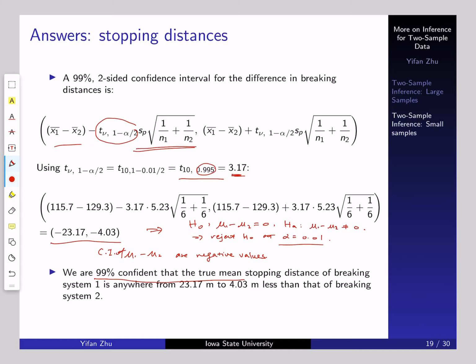So the interpretation would be that we're 99% confident that the true mean stopping distance of braking system 1 is between 4.03 and 23.17 less than that of braking system 2. Okay. So we say system 1 is less than system 2 because these two values are negative.